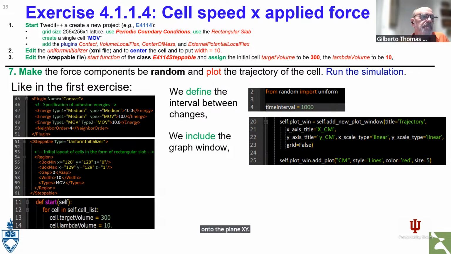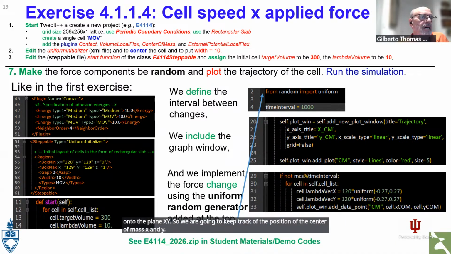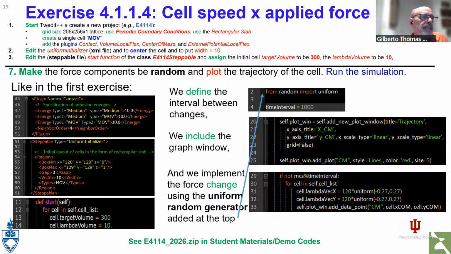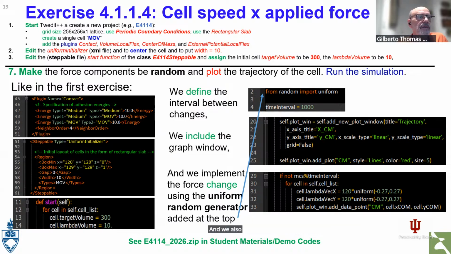So we are going to keep track of the position of the center of mass, X and Y. To make the movement random, in the first line before the time interval definition, see that I have changed the time interval value from 100 to 1,000. And we also imported the random library from Python, the uniform random number generator.